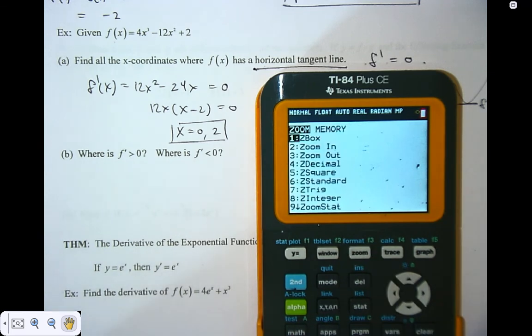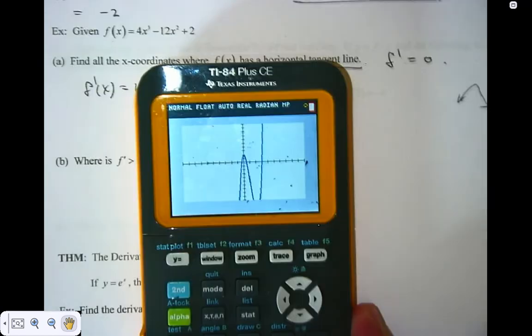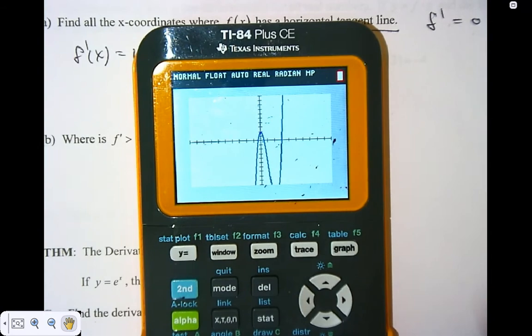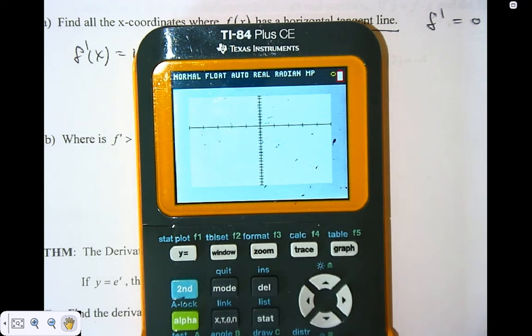And if you zoom 6 this, the question said, look, find all x coordinates where the function has horizontal tangents. It looks like one of them's out of the range, so let's change our window here. Seems like we can go from -5 to 5, and then let's drop down more. Okay, get a better picture of our cubic.